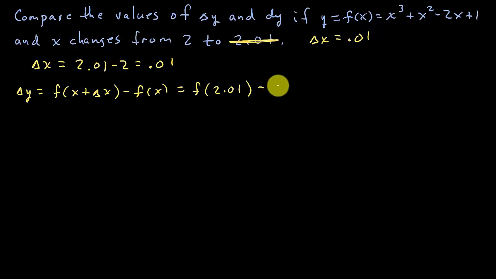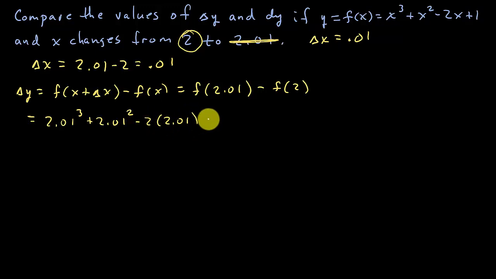Then that's going to be minus f of 2. So this is going to be 2.01 cubed plus 2.01 squared minus 2 times 2.01 plus 1, minus 2 cubed plus 2 squared minus 2 times 2 plus 1.